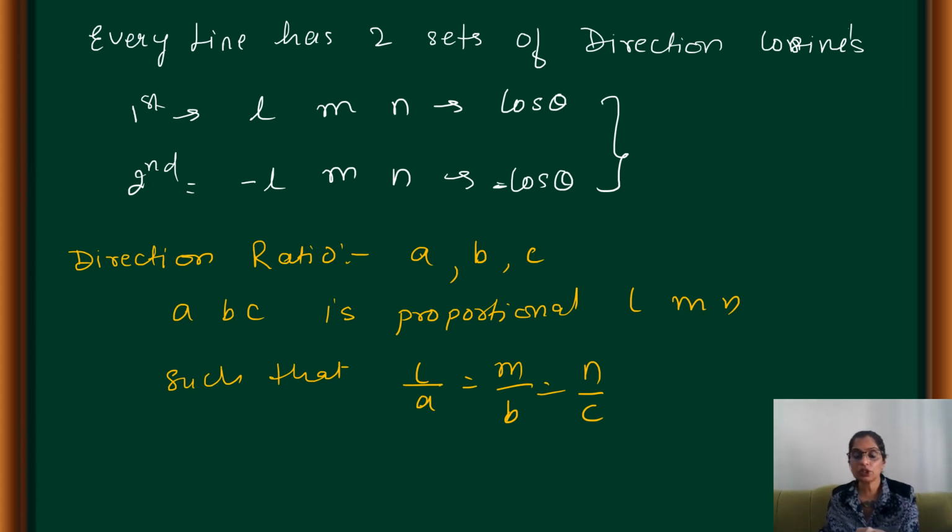So the direction ratios of a line and the direction ratios of a vector are one and the same.